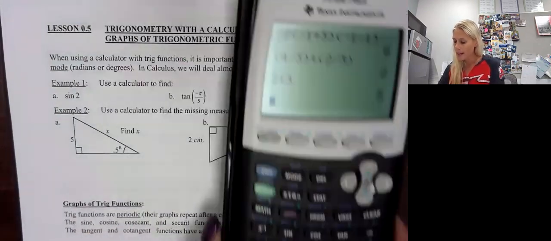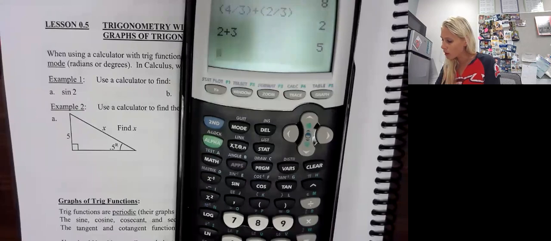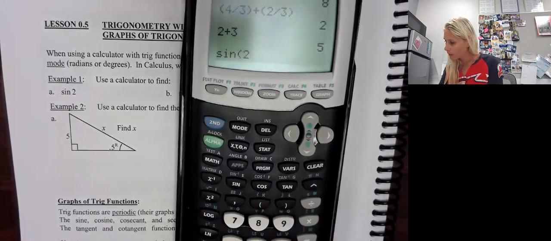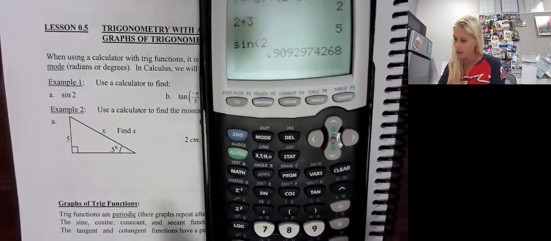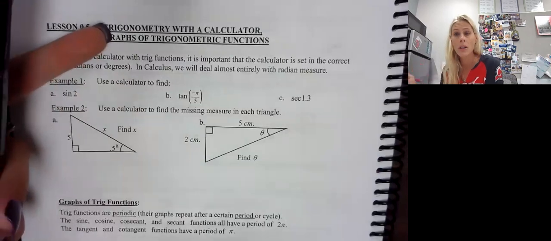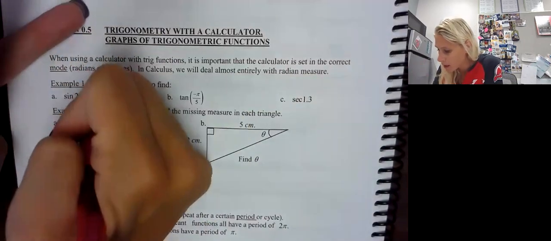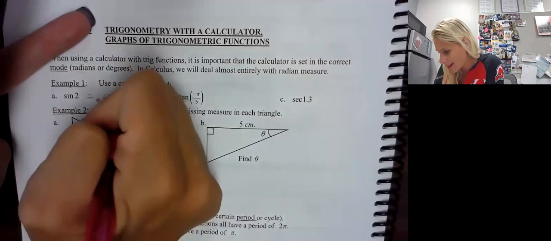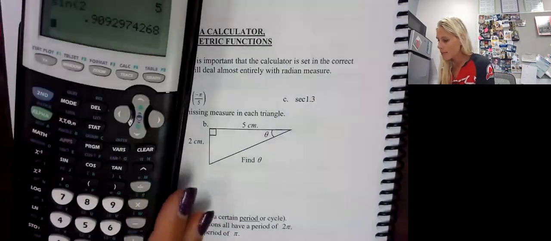Okay. Now, so we're going to go sine of 2 equals, and we get 0.909. Now don't forget, we also want to go to 3 decimal places. So when I do that out, I get 0.909. Okay, same thing here.